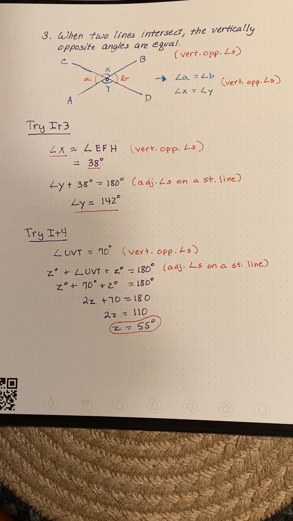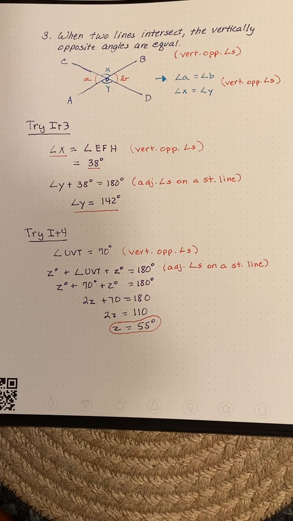So moving on to Try It on page 190. Again, look in your book so you can see the diagram. It tells us in the diagram EFG and HFK are straight lines.